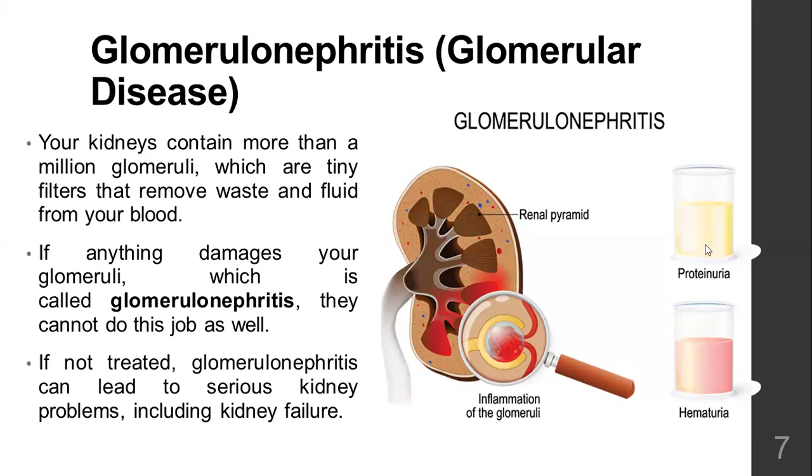If you have these two symptoms, you can do a urine sample test at a laboratory, and if it comes out positive for proteinuria and hematuria, there are high chances that the patient may be suffering from glomerulonephritis. Why? Because the glomeruli is not able to filter out the blood and fluid waste properly. So protein can escape from the Bowman's capsule. Blood can also escape from the Bowman's capsule.